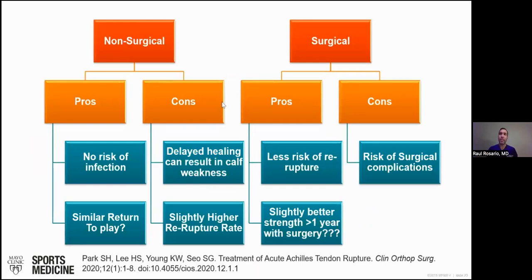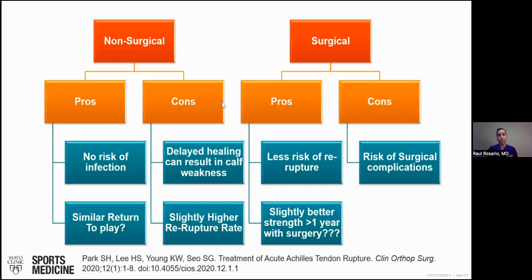The main reason is that we want to make sure that it's reattached and we don't waste time. We do surgery and we do rehab and they do fine, because we don't want to do non-surgical, it doesn't work, and then we have to do surgical, and then it takes more time for the patient to come back. So for the pros and cons of the non-surgical, usually we do that more in older patients.